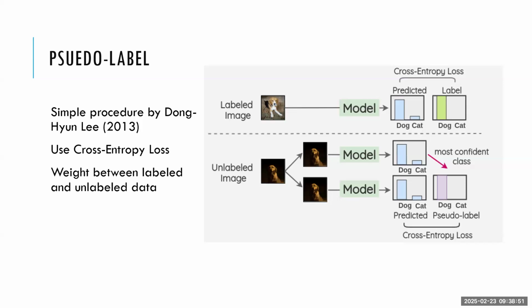So originally we have labeled images, and then you create a model, and then you have the prediction, and then you have the label, and then you can use the cross entropy loss to update the model. So you finish this part.